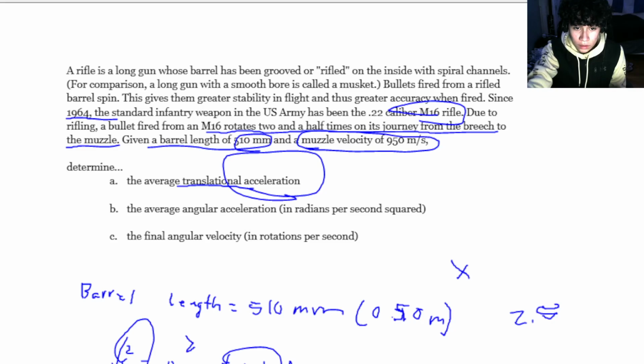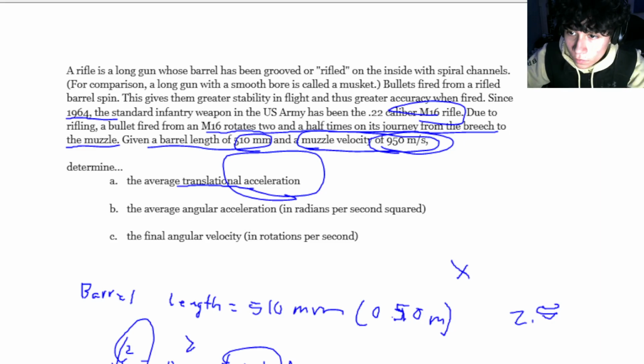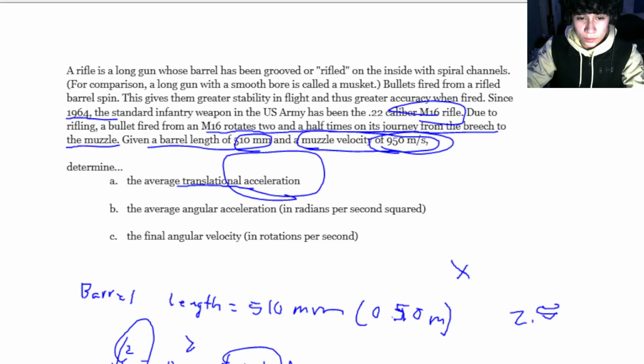The final velocity is the muzzle velocity of 950 meters per second. Please tell me I'm still recording. I am. Oh my god, this is going smoother than before.